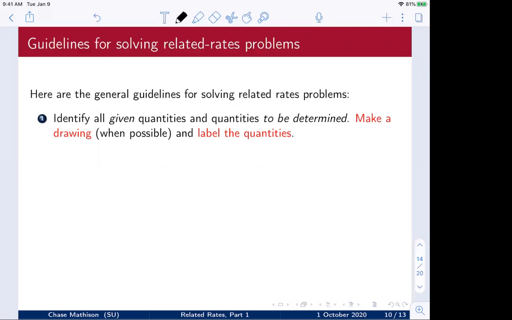Specifically, you should find all the quantities that are changing with time. You're going to make a drawing. Make a drawing, it's in red because it's important. Make a drawing when possible, and then label the quantities in your drawing.